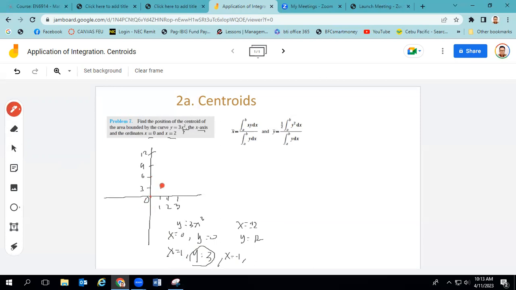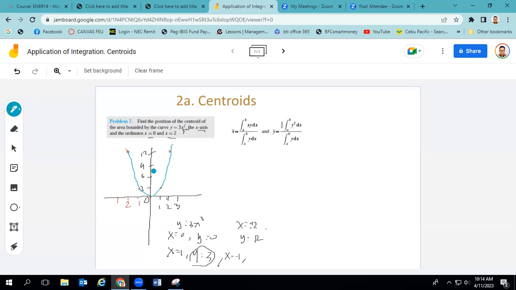And when x is 2, y is 12, somewhere here. So it's a parabola actually, and we can plot the curve like this. Sorry for my freehand.